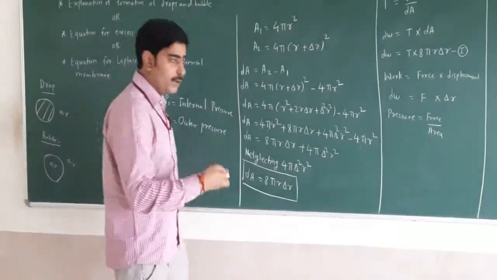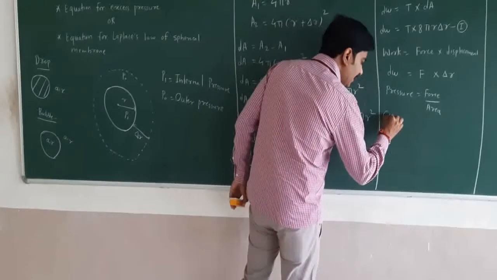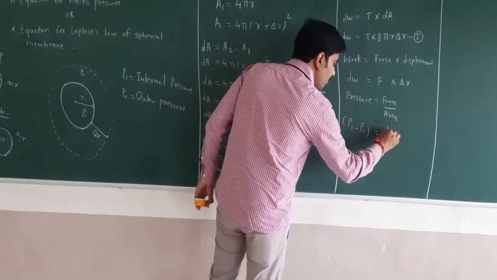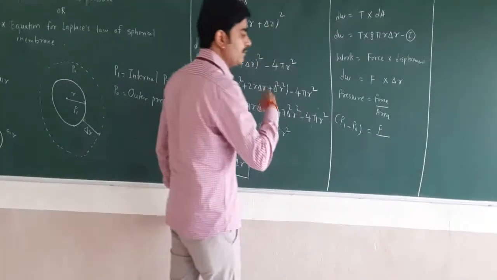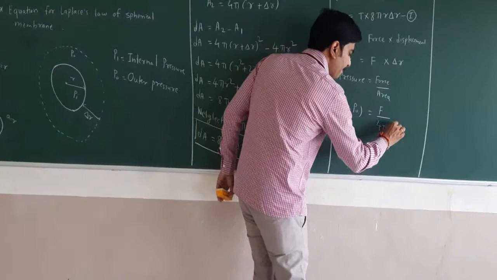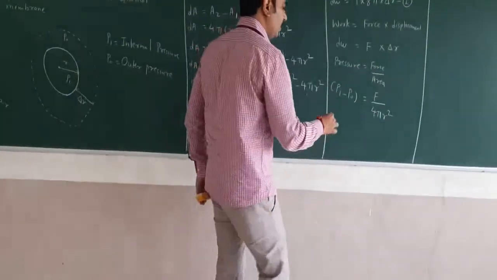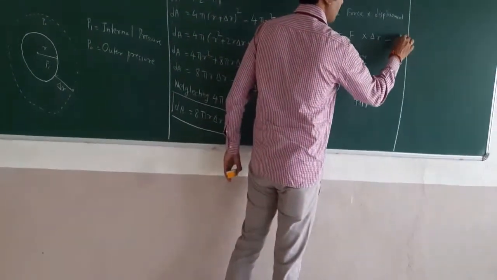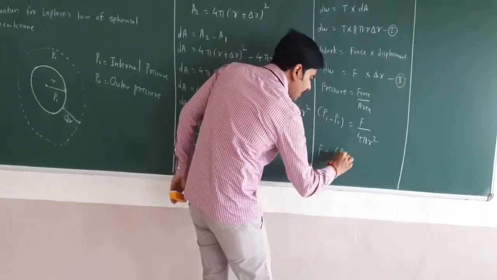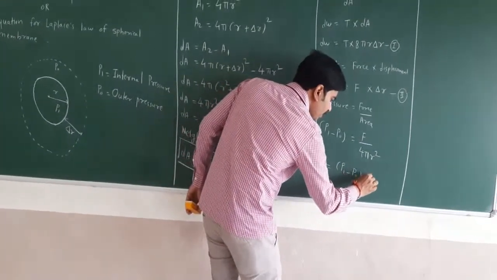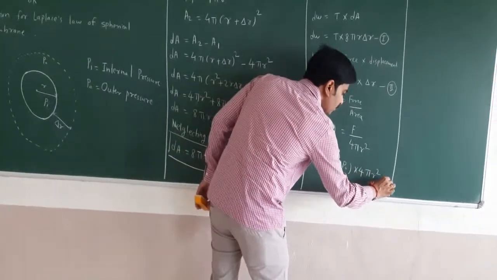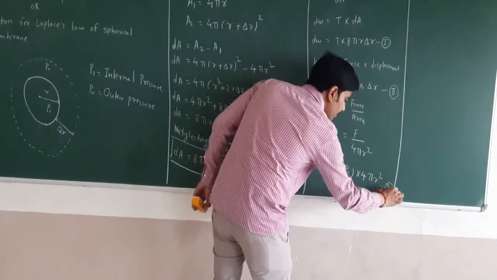So Pi minus P naught is equal to F upon the area, and what is the area of a sphere? 4 pi r square. Suppose this is my equation number 2, and I am going to calculate the value of force. So F is equal to Pi minus P naught into 4 pi r square. So this is equation number 3.